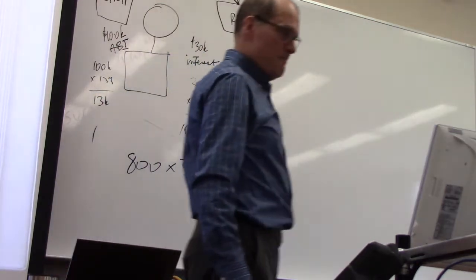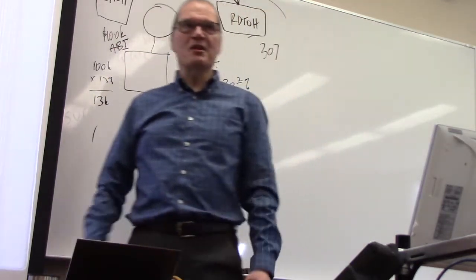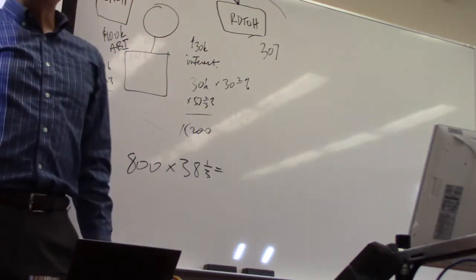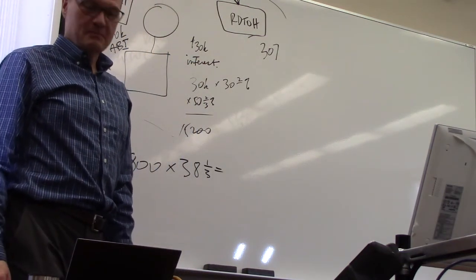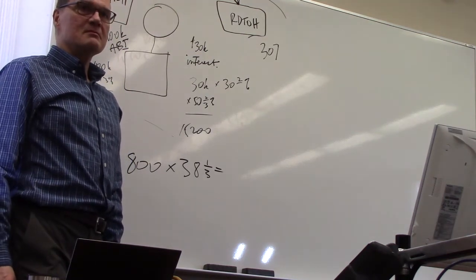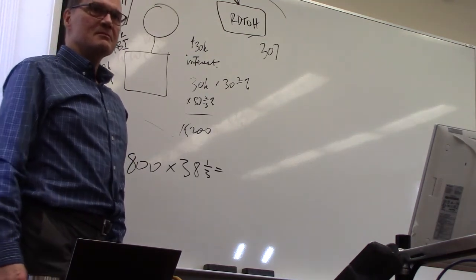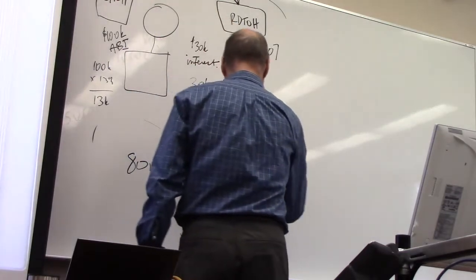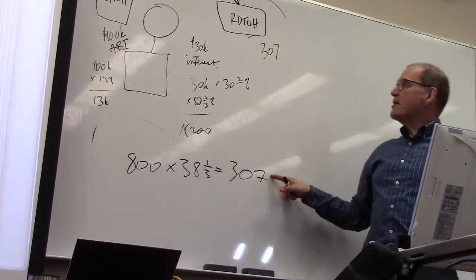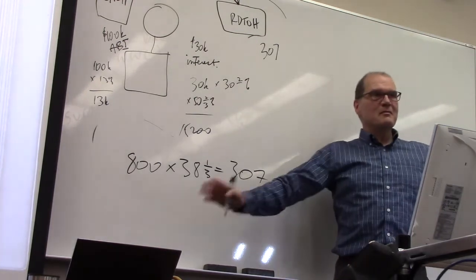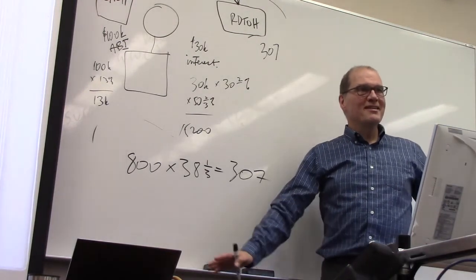Somebody tell me what that is? You'll love this. It's exactly $307-ish. 307, exactly, if you round it. So my dividend refund is the lesser of 307 and 307. My dividend refund is 307.